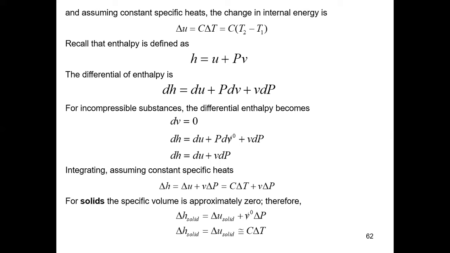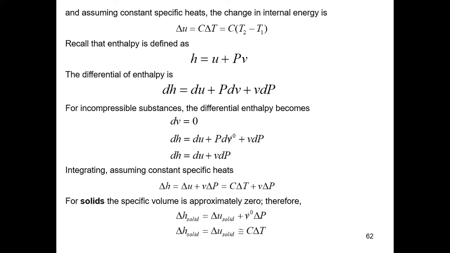Multiplied by V delta P. For a solid, delta H solid is delta U solid plus V times delta P, and for a solid, V delta P is approximately 0. So delta H solid is equal to delta U solid, which is C delta T. Specific volume is approximately 0 for solids.